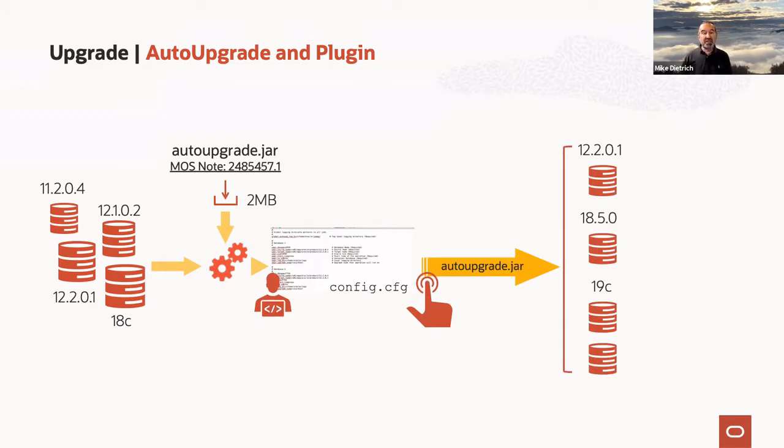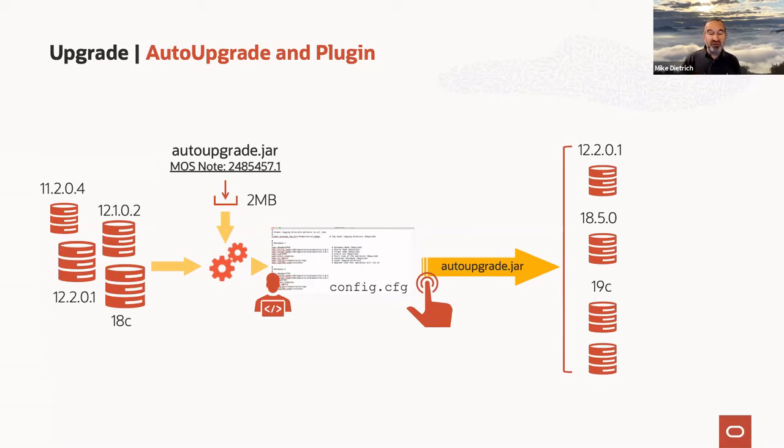Ideally to 19c, that is my clear recommendation, but it could also upgrade your database to 12.2.0.1 or 18, at least with the January 2019 bundle patches, release updates. So 18.5 or newer, 12.2.0.1 with January 2019. But clear recommendation, go to 19c. But AutoUpgrade can do more.